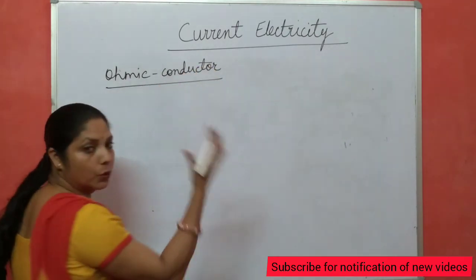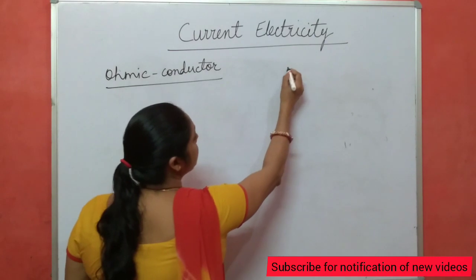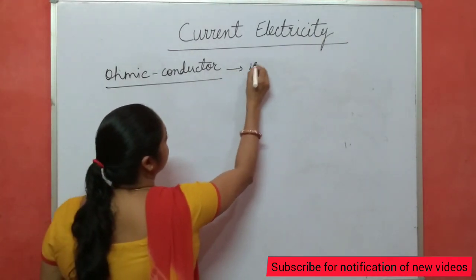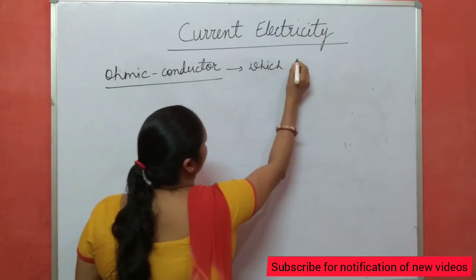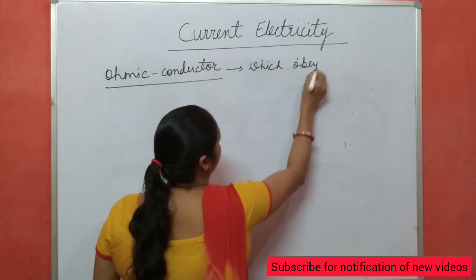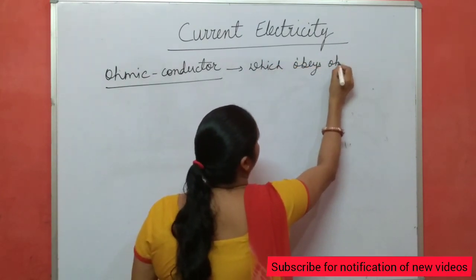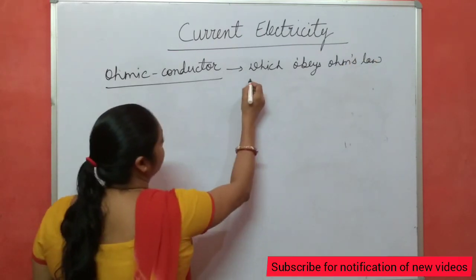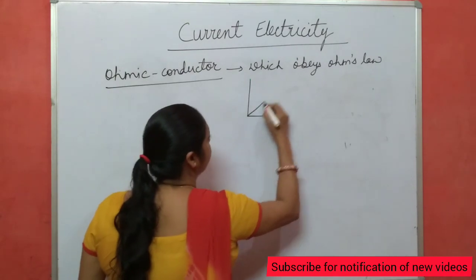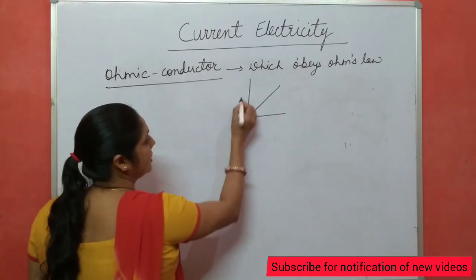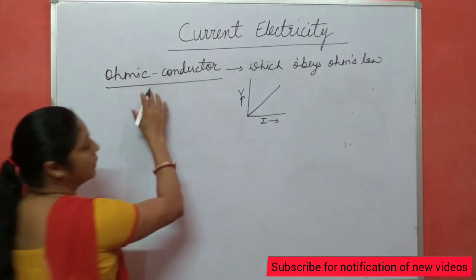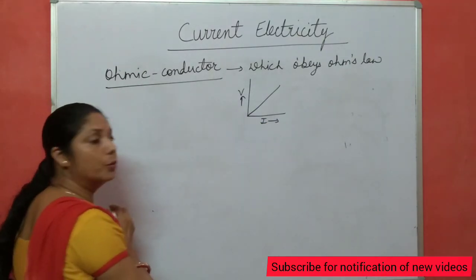An ohmic conductor is one which obeys or follows Ohm's law. The graph for an ohmic conductor is always a linear straight line passing through the origin. If any conductor is ohmic, it always obeys Ohm's law.